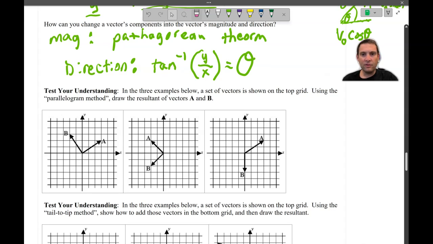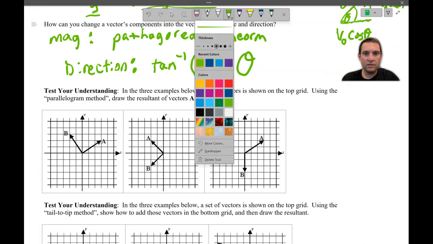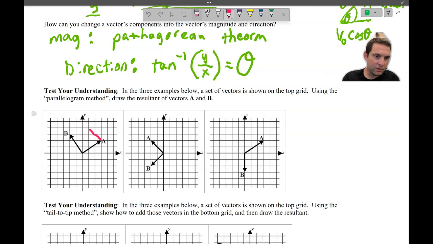In the examples below, vectors shown on the top grid using the parallelogram, draw the vectors. Parallelogram. It's okay, it's pretty easy. And there's a resultant.